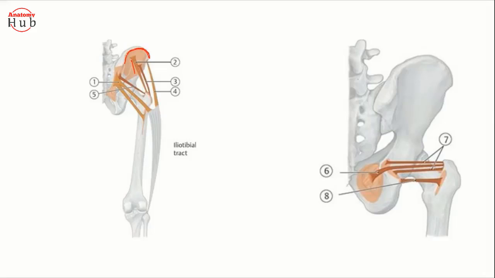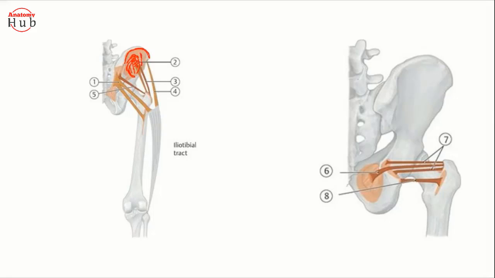This is your iliac crest. Just below it, from here you will find the gluteus medius muscle origin. So it takes origin from the iliac crest and from the anterior and posterior gluteal line, right?